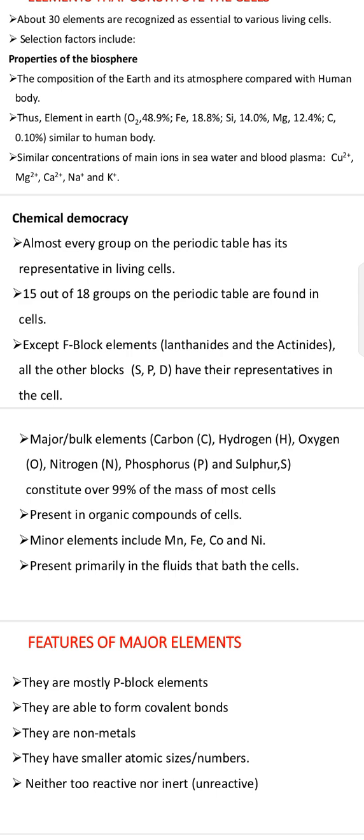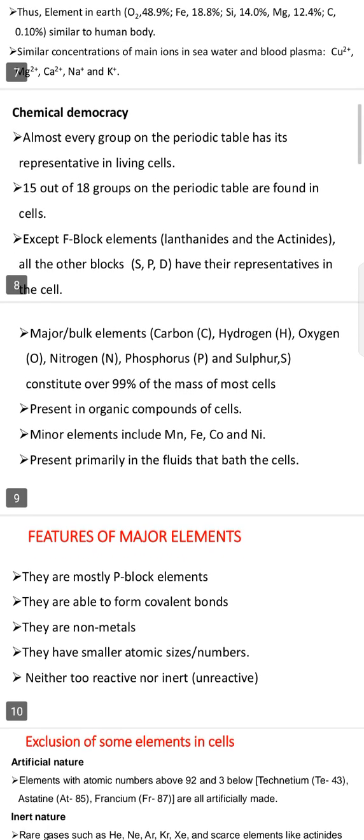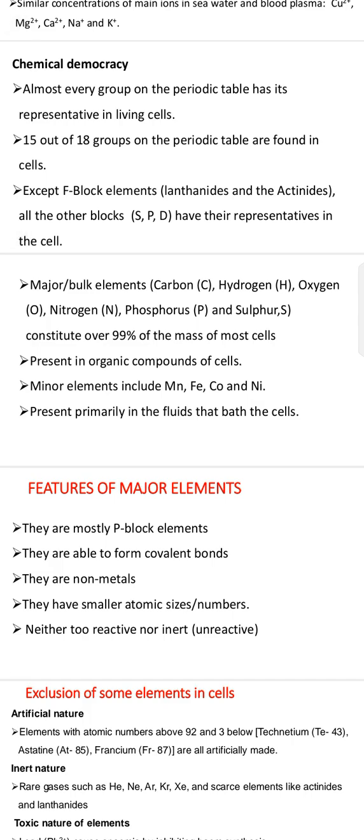So there are 18 groups when the transition metals are added, but without the transition metals, we have 8 groups, as we learned in our JHS, SHS. So 15 out of the 18 groups on the periodic table are found in cells.